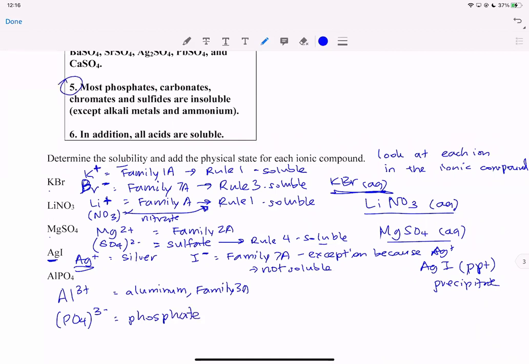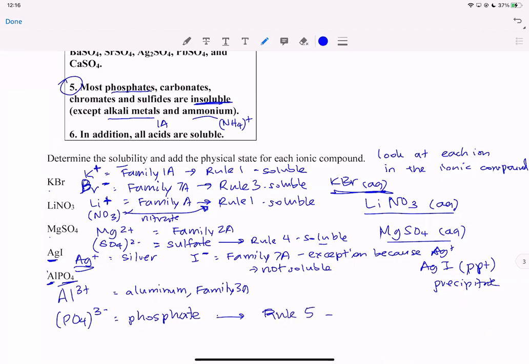That's rule 5, which says that most phosphates, carbonates, chromates, and sulfides are insoluble. Let's look at the exceptions. The exception is if you have an alkali metal, anything in family 1A, as the cation, or if you have ammonium, NH4 plus. So you have phosphate, but you have aluminum bonded to it, so phosphates fall under rule 5.